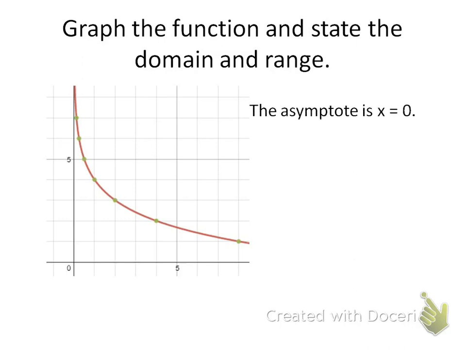So the asymptote now becomes the vertical line x equals 0. Our domain will be using that as a guide. So this graph is approaching x equals 0. Using that as a guide, domain is to the right of that asymptote 0. So how I write it is x is greater than 0.